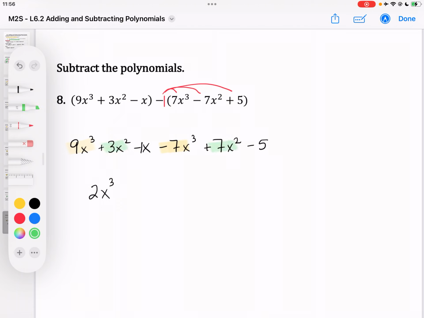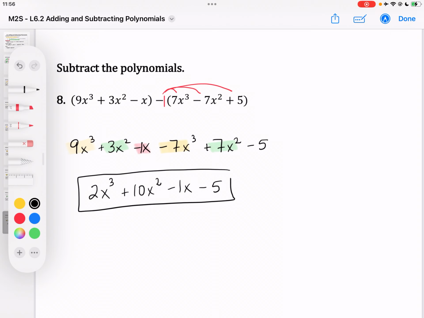The x squared terms I can add together, so 3 plus 7 is positive 10, and that's x squared. And then we've got this minus 1x. The 5 doesn't have an x, so I'll just bring the minus 1x down. And the minus 5 also comes down because there's no like term for that one. And that should be your final answer.